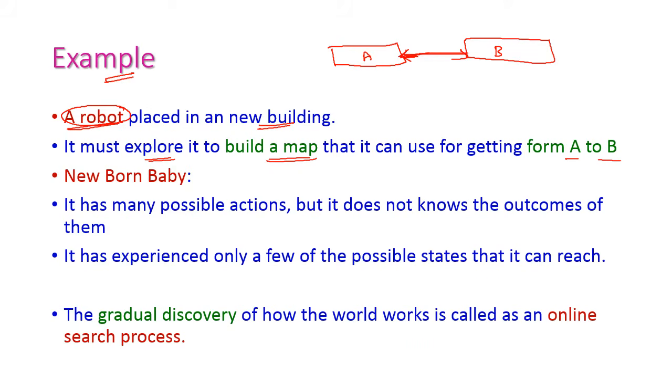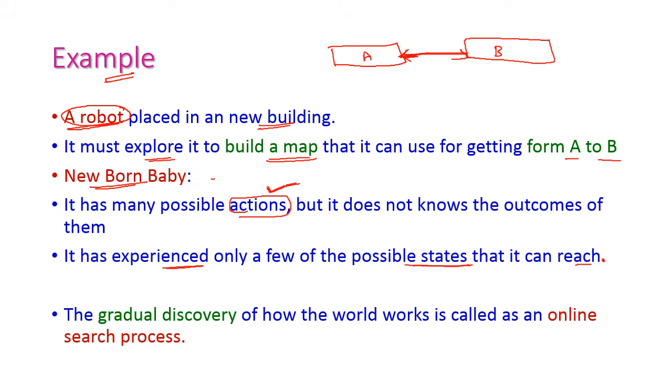And let us take another example, that is a newborn baby. The newborn baby knows many actions, but it does not know anything about the effects of those actions on the environment, right? What an action will do on the environment is absolutely unknown to this newborn baby. By using experience, it has experienced only a few of the possible states it can reach.